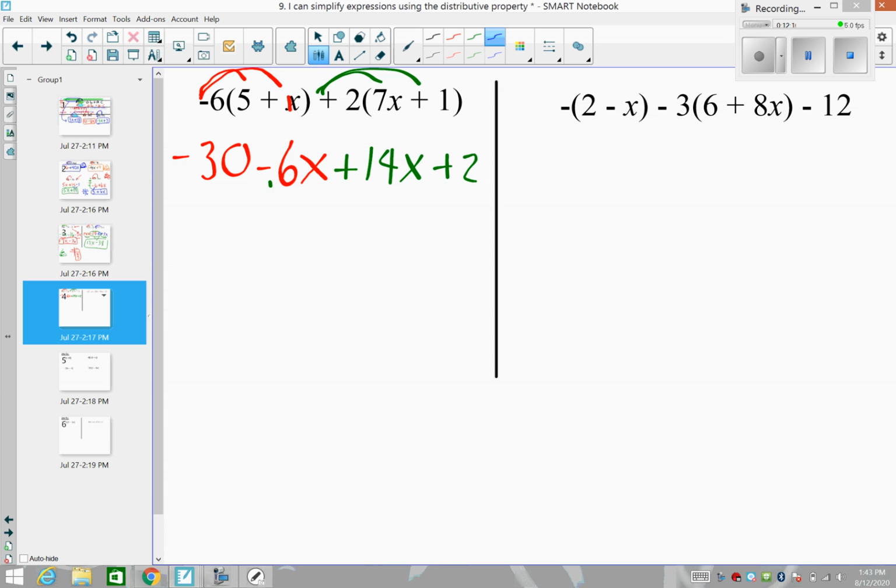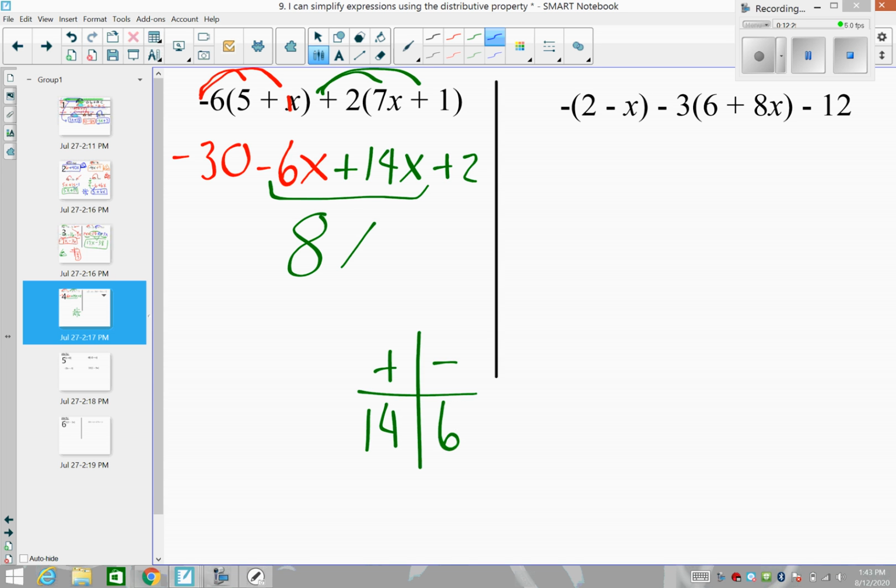Combining like terms, these are my x's. So if I tug of war that, I have 6 players on team negative. I have 14 players on team positive. That results in a positive 8x. For my numbers, my integers, I have 2 players on team positive and 30 players on team negative.